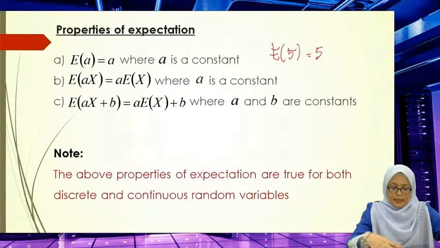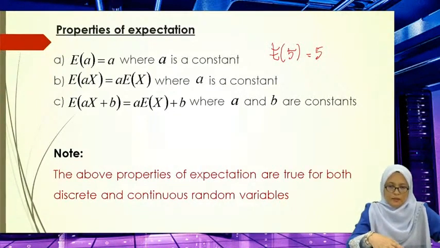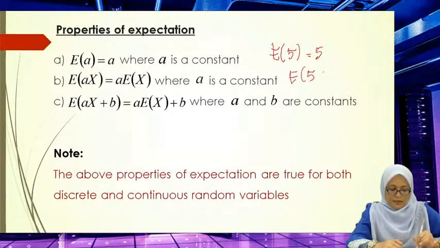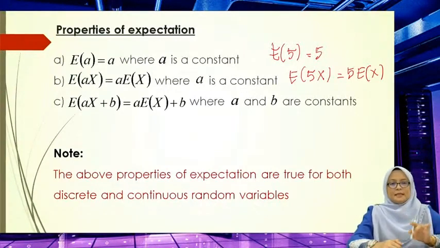So then kalau you ada expectation AX, okay, so A tu you boleh keluarkan. So you cari you punya expectation X. So contoh kalau you ada expectation 5X, so you keluarkan 5, so expectation X. So basic dia cari expectation X. So nanti you akan just darab dengan dia punya constant.